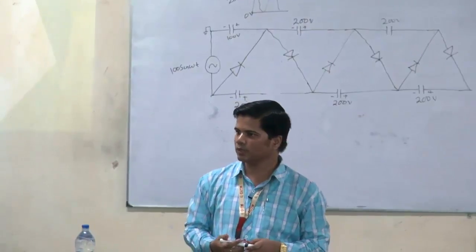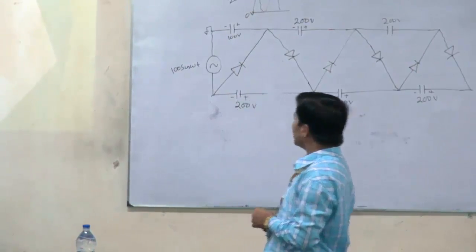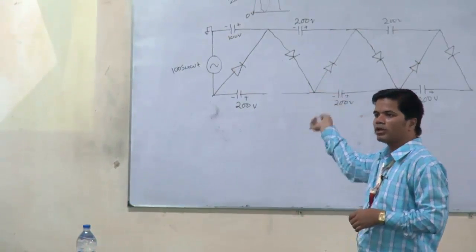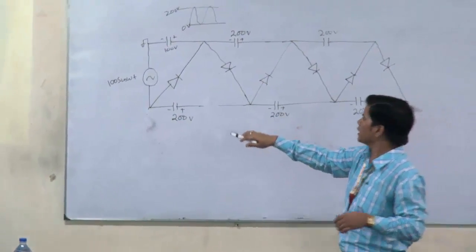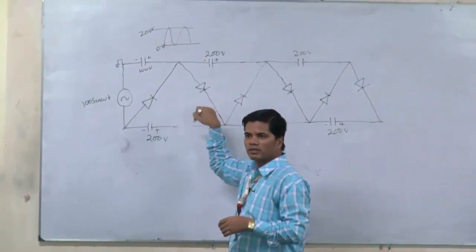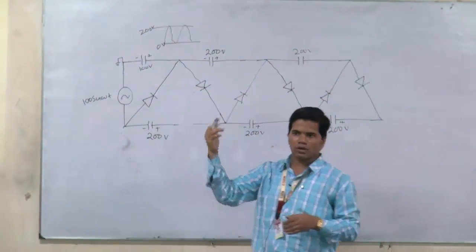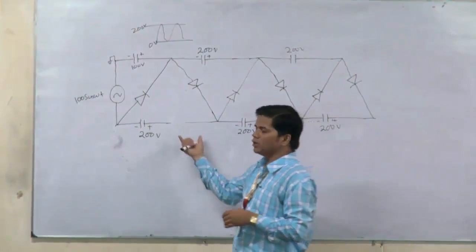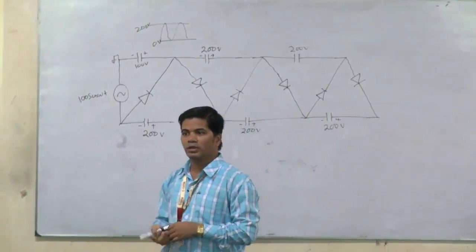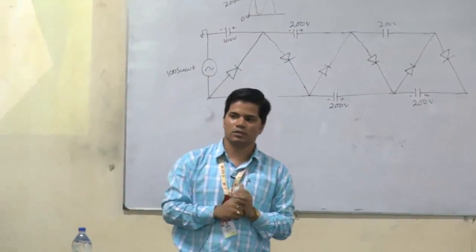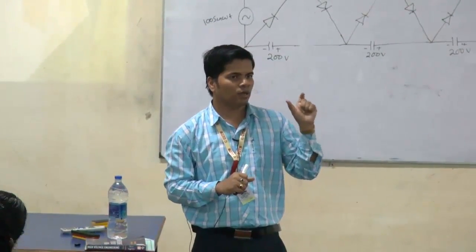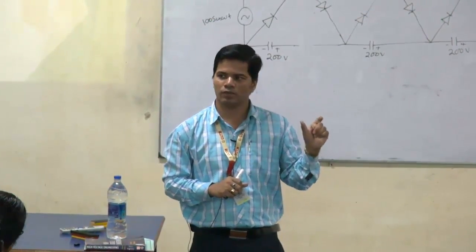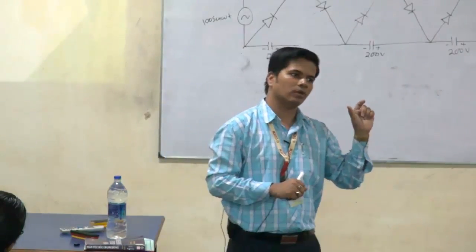Clear? Because whatever diode we have kept here, that diode helps in the conduction of the current. That is not doing some important work. It only makes the forward bias and reverse bias condition, the conduction as well as the blocking of that particular circuit. But the main duty is of the capacitor. The capacity of that capacitor should be better. As we are using it in a higher DC voltage, it should definitely have better quality.